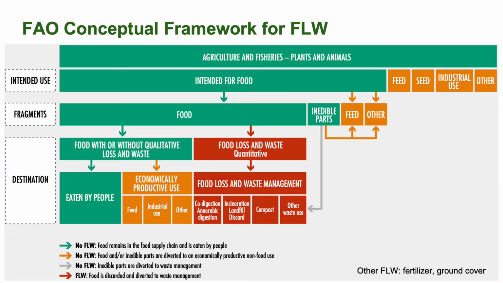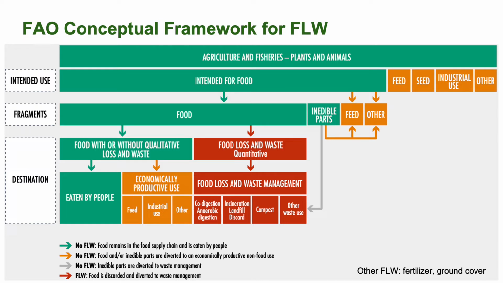The FAO has a conceptual framework for food loss and waste. On the grand picture, we have the intended use in the production of food. This can be food for human consumption, feed for livestock, seed to produce more food, or other industrial uses or other economically productive uses.